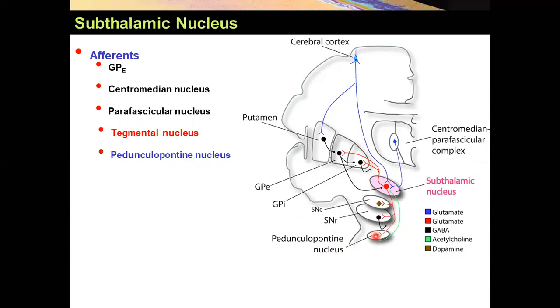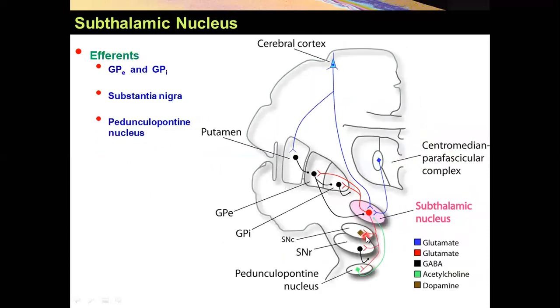So the subthalamic nucleus receives inputs from the external globus pallidus, the centromedian parafascicular complex, the tegmental nucleus, and also from the pedunculopontine nucleus. Now let's look at the efferents of the subthalamic nucleus.